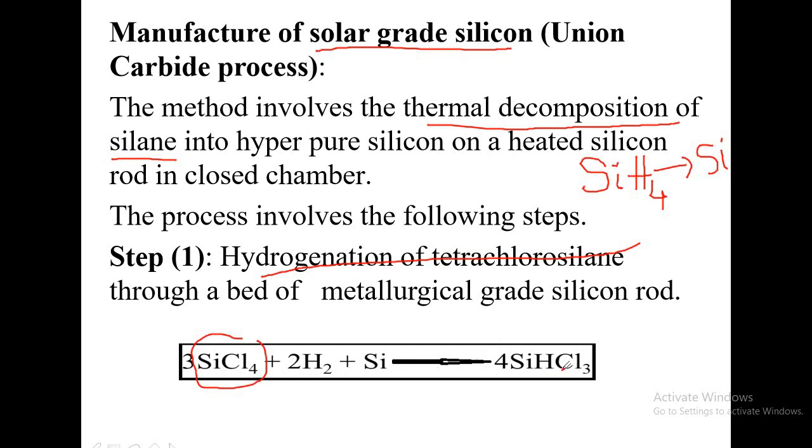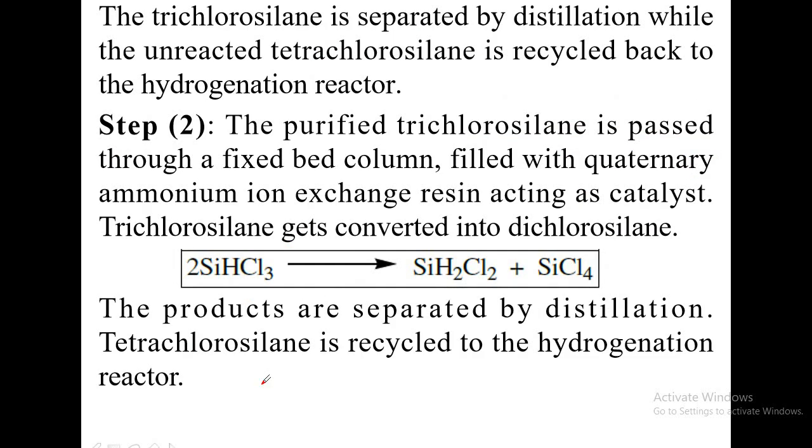Now you are getting a mixture of trichlorosilane and unreacted tetrachlorosilane, and these two are to be separated by a process called distillation, because these two differ in their boiling points, and that is why it becomes easy for us to separate them by distillation.